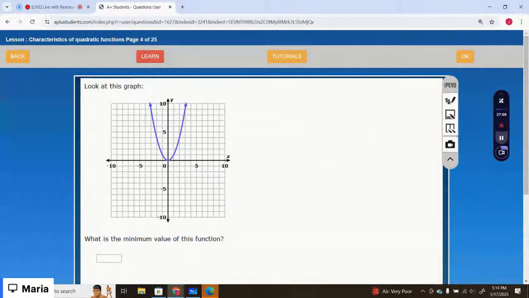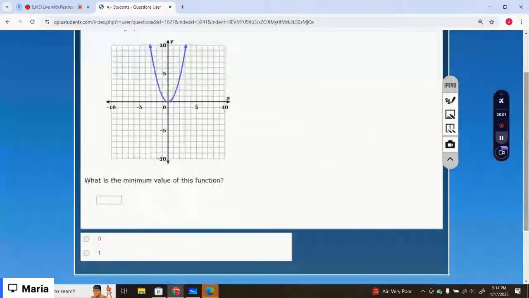That is the minimum value of the function is 0. Option number 1 is the correct option.